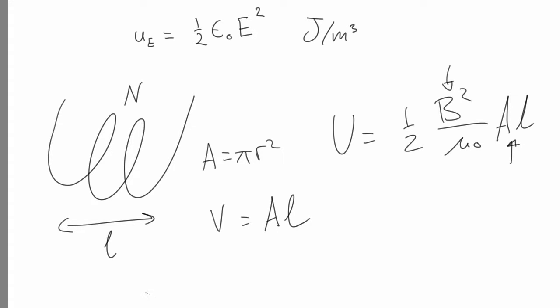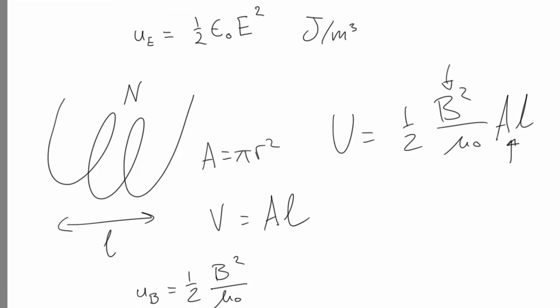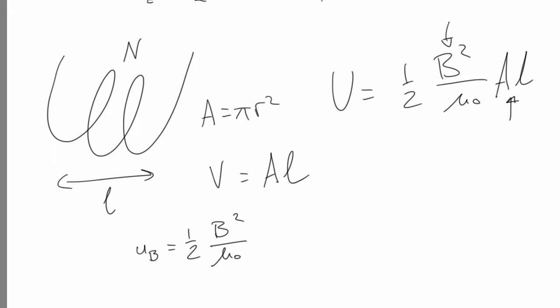The energy density, which we'll subscript with a small b, becomes this. Again, even though this is derived for the special case of a solenoid, it is actually valid for any place in space, which is good.